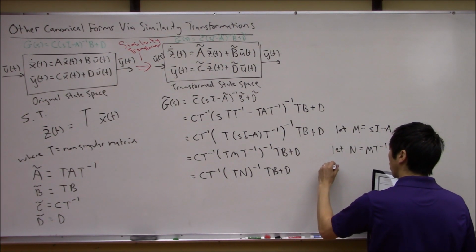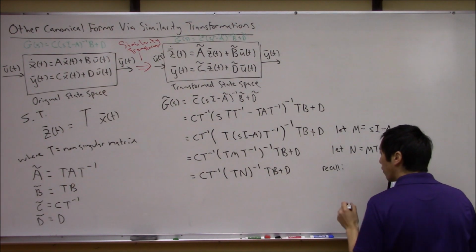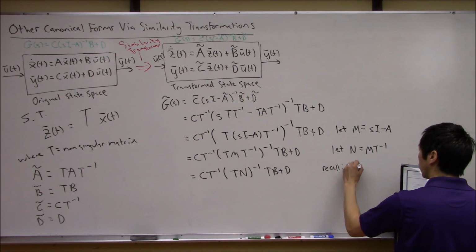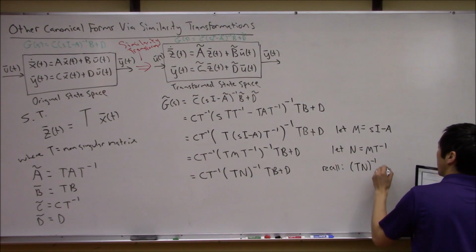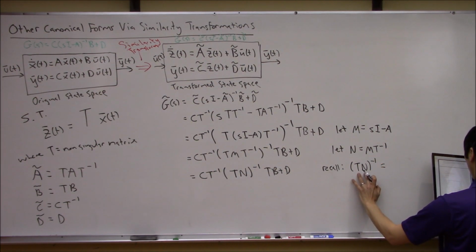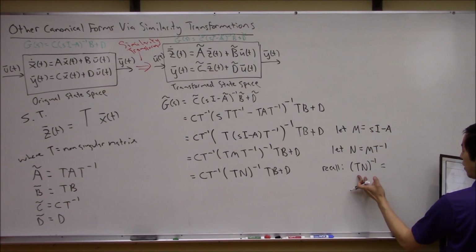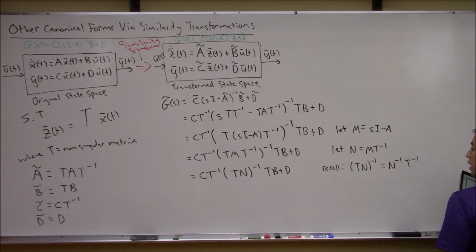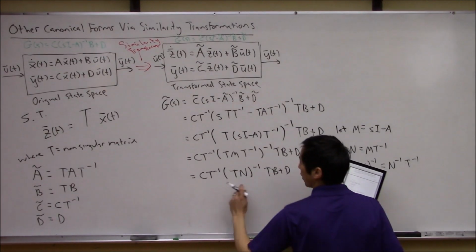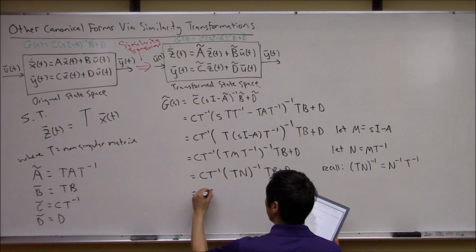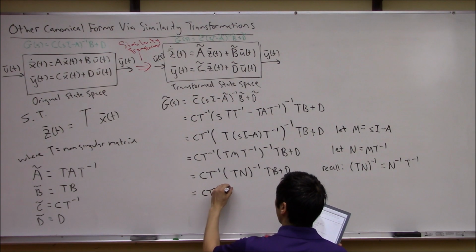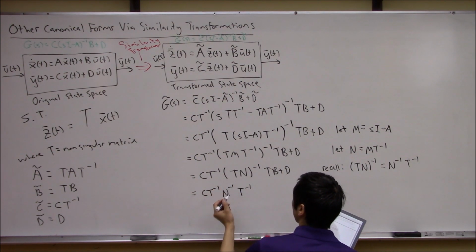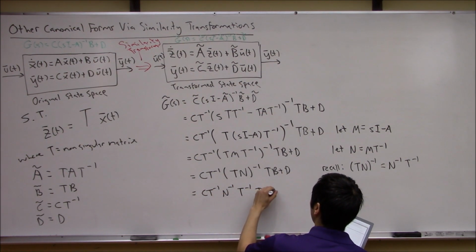If you recall how inverses of products of matrices work, you reverse the order and individually inverse them. So this is N inverse T inverse. Let's substitute that in for the inverse here. So we end up with C T inverse N inverse T inverse times T B plus D.